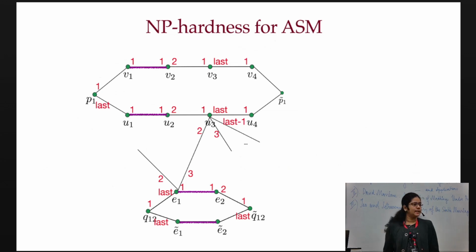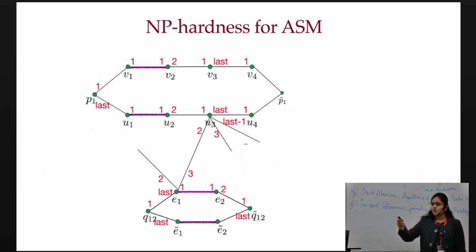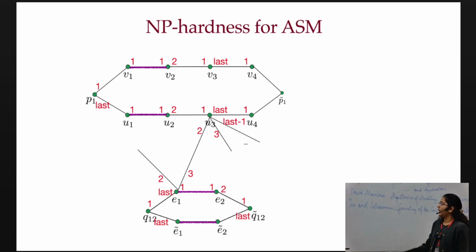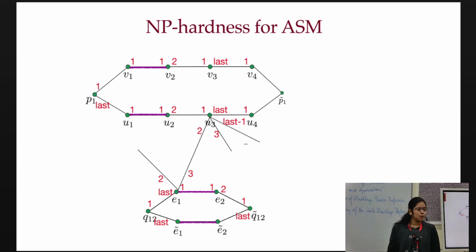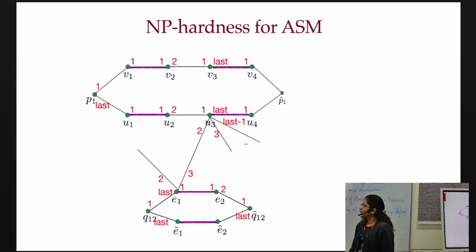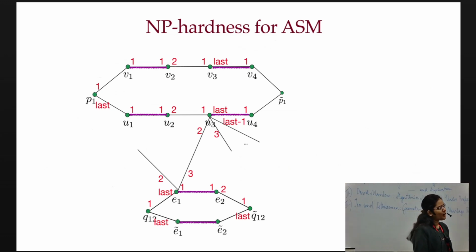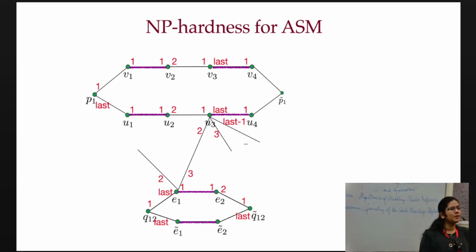What about V3? It has to be matched with V4. There is no choice. You cannot go and match V4 with P1 tilde. I have not written it, but that is the last preference, that is 2. So V3 and V4 will be part of the matching. If you observe, this is the unique stable matching here.